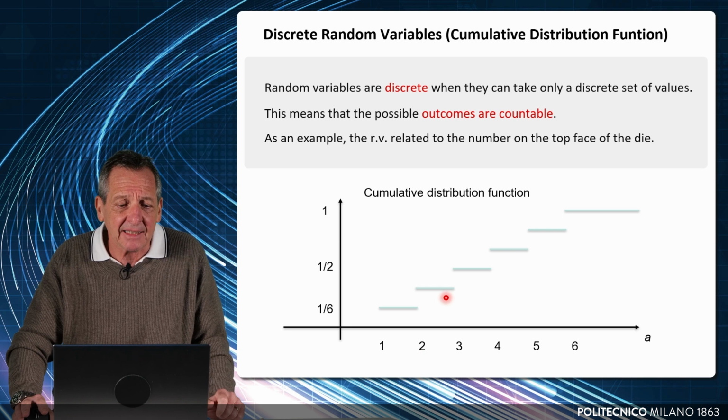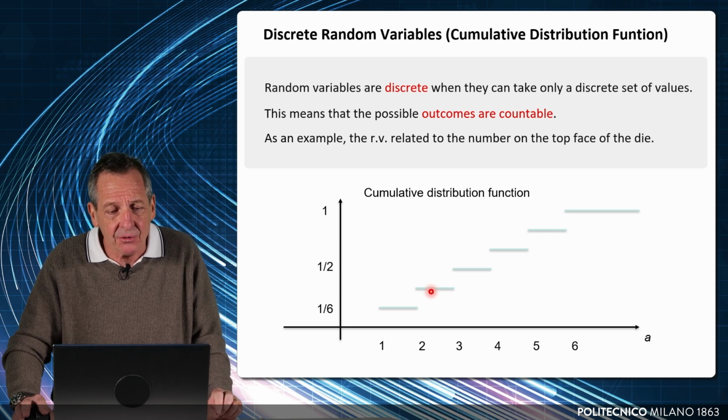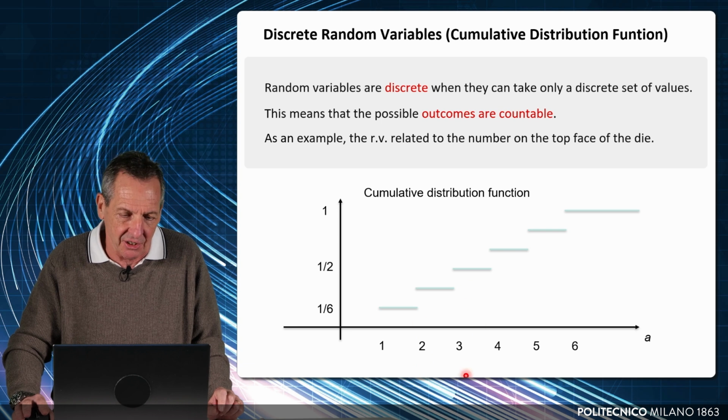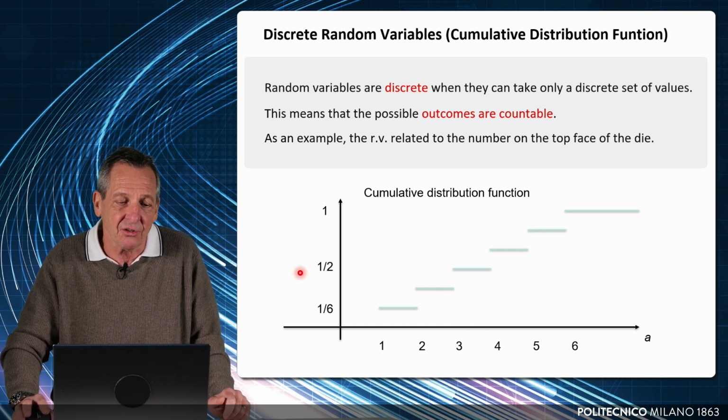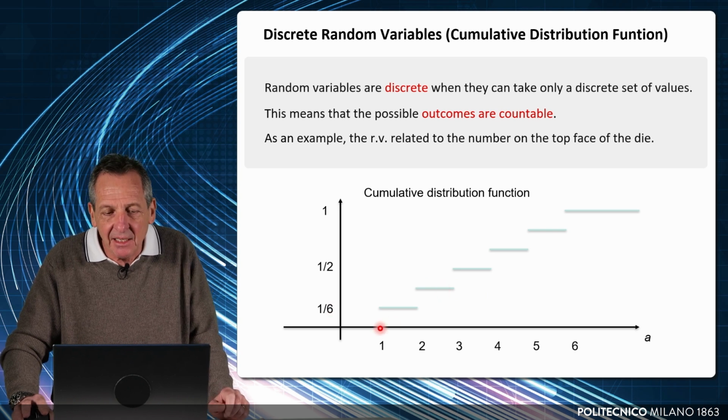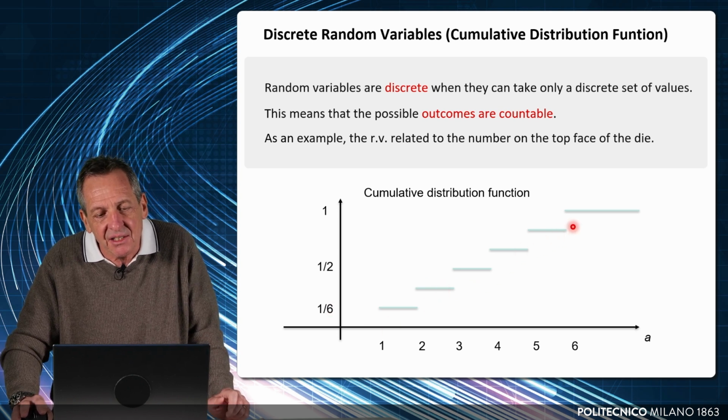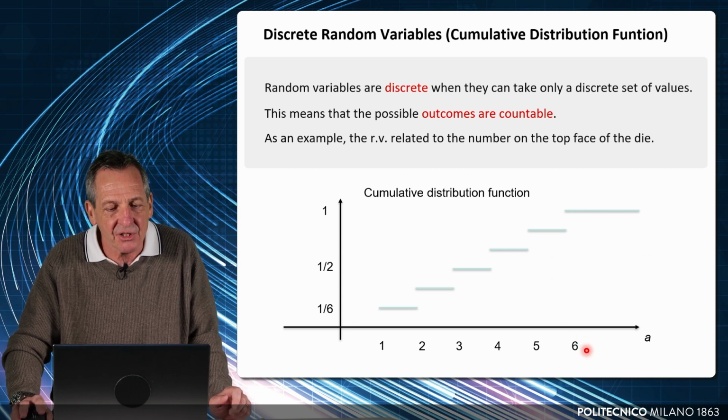If we look at the value of the cumulative distribution from 2 to 3 excluded, we have 2 possible outcomes, and so we have the value 2 over 6 of probability, and so on, and we go in steps up to 1 at value 6.